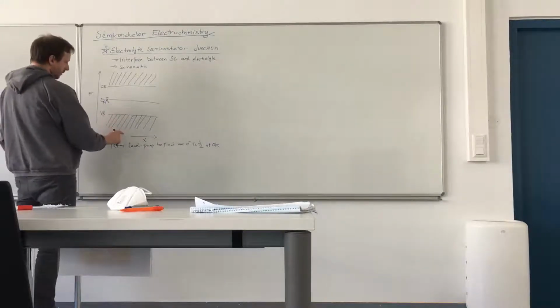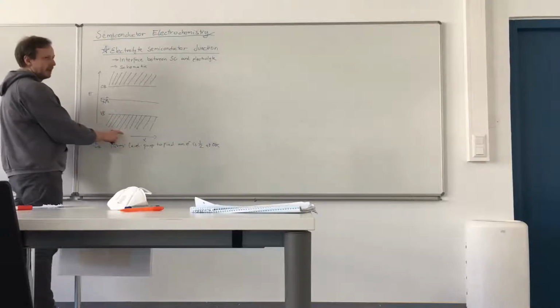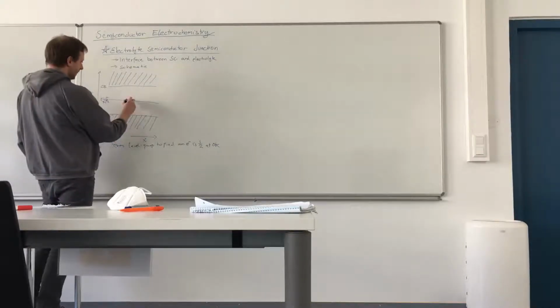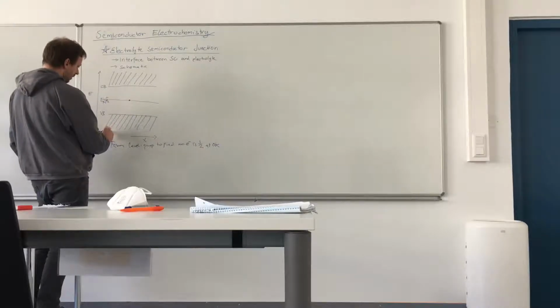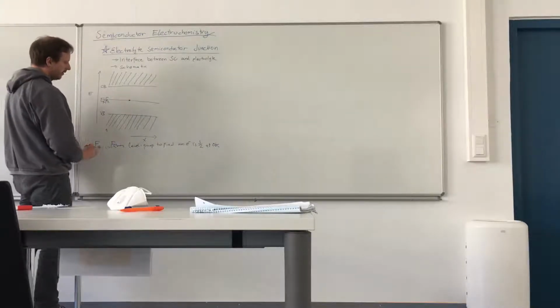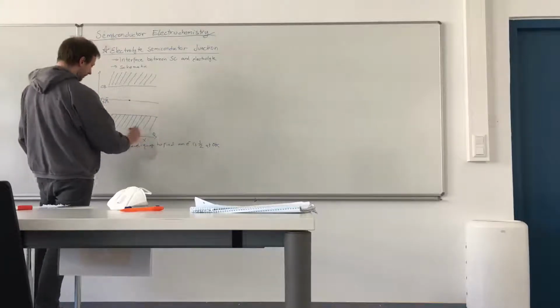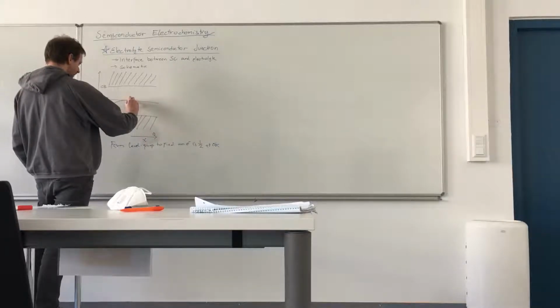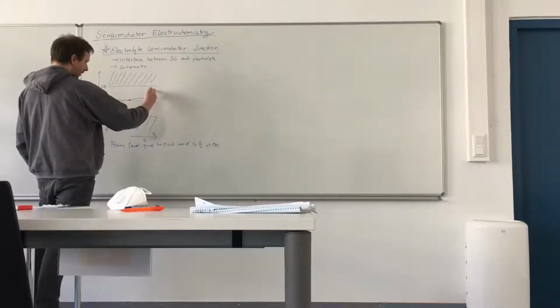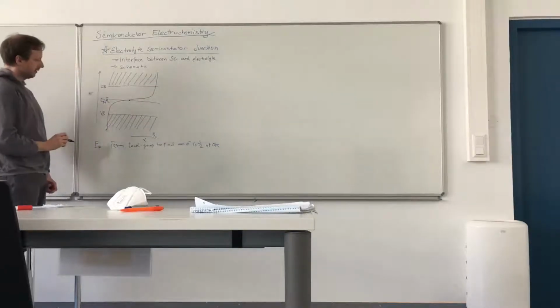The distribution of electrons is described by the Fermi-Dirac statistics. Let's say here we have a probability to find an electron of 1, here of 0, and one can draw this distribution. This would be at temperatures higher than 0 Kelvin.